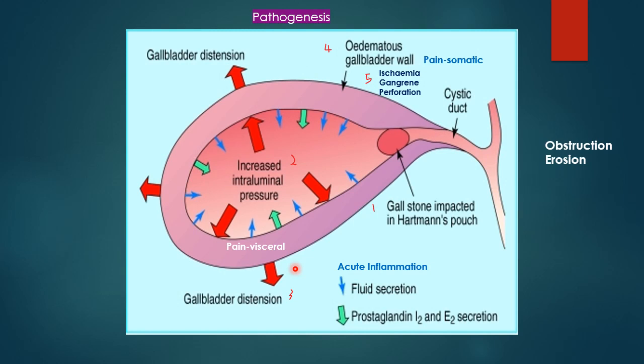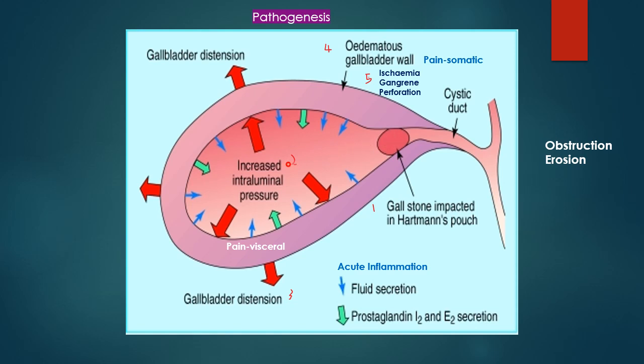It's very important to understand the pathogenesis of acute cholecystitis. This slide is a simplified version. The first stage in the process of acute cholecystitis is obstruction, an impacted gallstone in the Hartmann's pouch or the cystic duct.